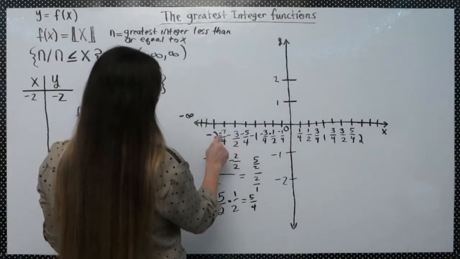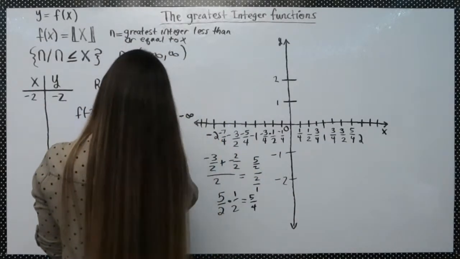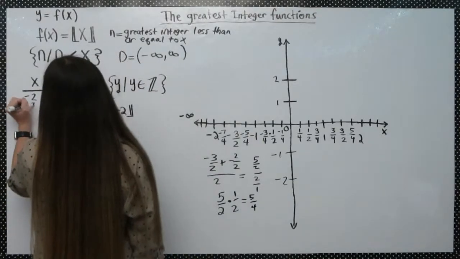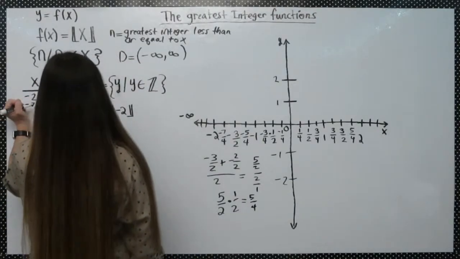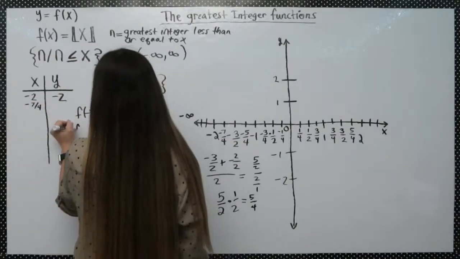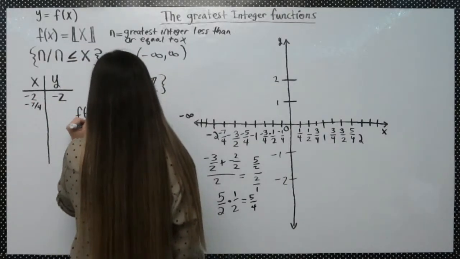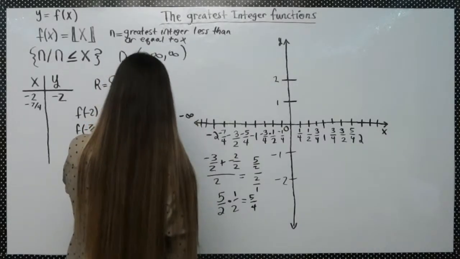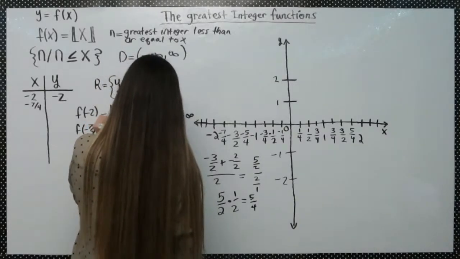We've got -7/4. Okay. -7/4. So when x is -7/4, what's the next value on the graph?